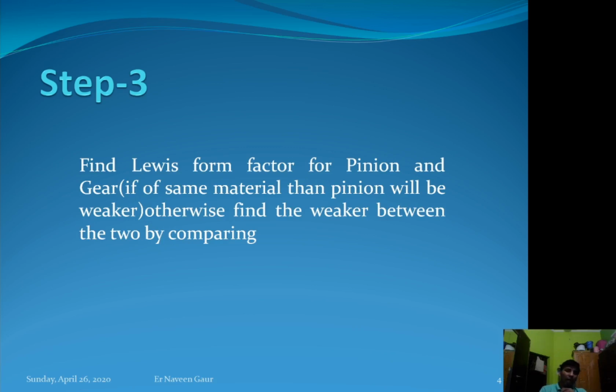So we have to design the spur gear for the weaker member, not for the strong member. If the value for the pinion is smaller than the value for the gear, then we have to design the spur gear for the pinion only. And if the Lewis form factor for the gear is smaller than for the pinion, then we have to design the spur gear for the gear only.